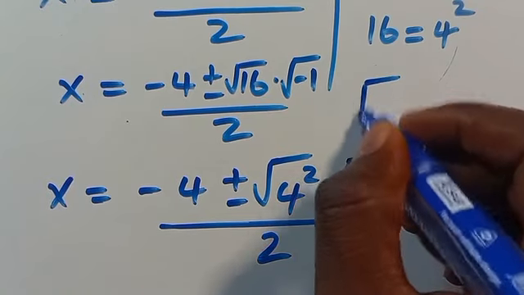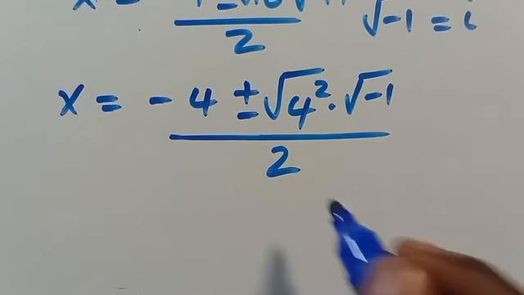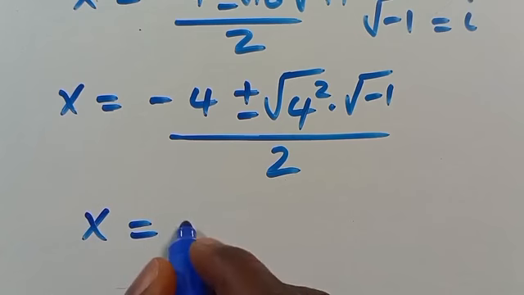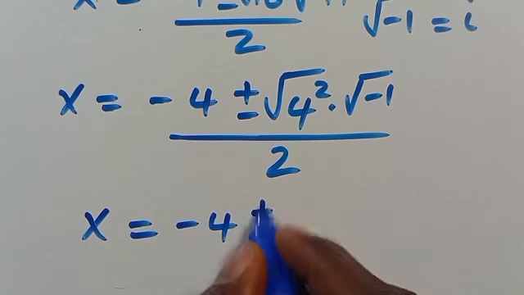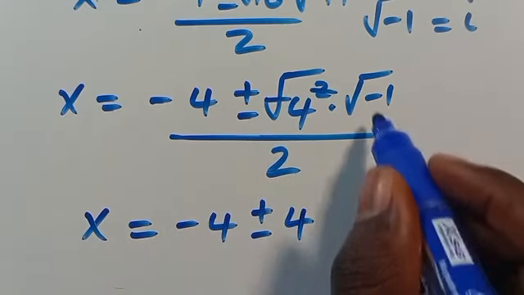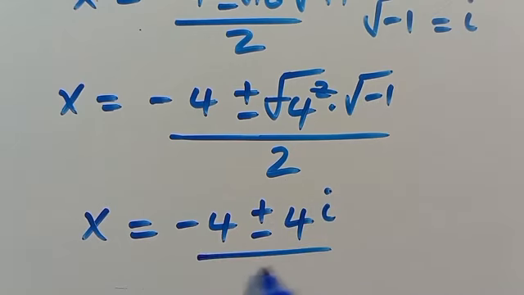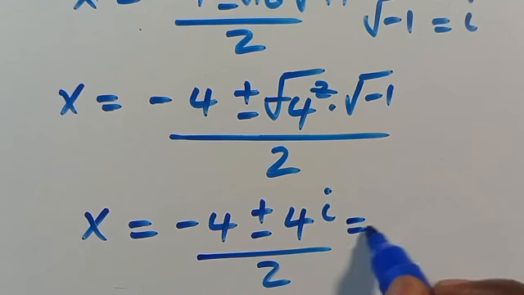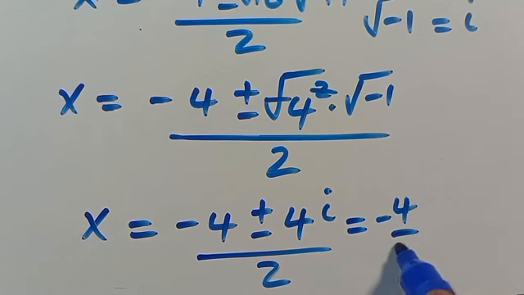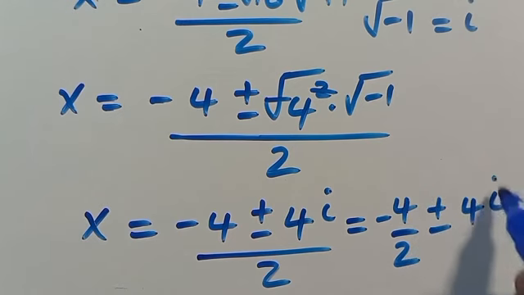Then let us note that root of minus 1 will give us i. So we have x equals minus 4, positive or negative. This will cancel this, so we have here to be 4. Root of minus 1 equals i from a complex space. Here will be 4i divided by 2. Then when we distribute this 2 for this and this, here will be minus 4 divided by 2, positive or negative, 4i divided by 2.